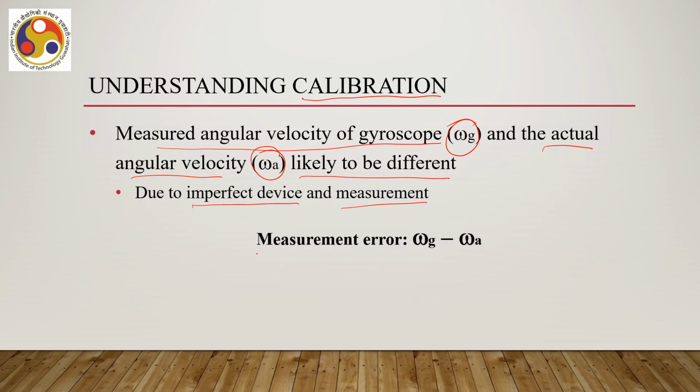So, the measurement error in this case is omega g, the measured velocity, versus omega a, the actual velocity. So, omega g minus omega a is the measurement error, which is quite obvious.